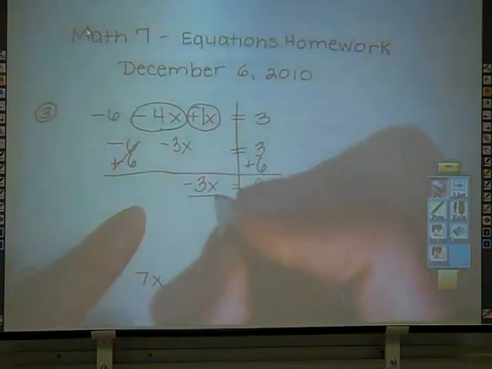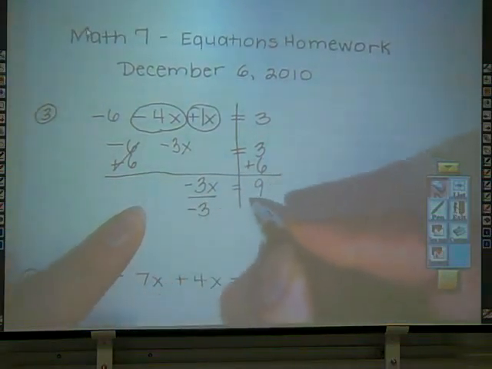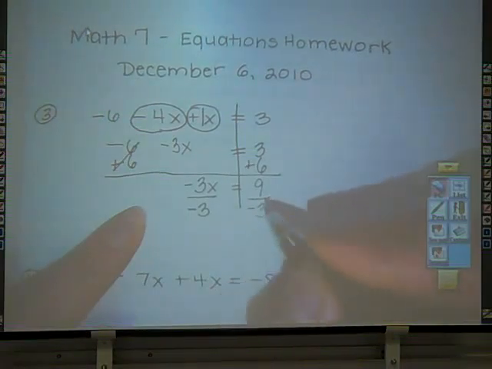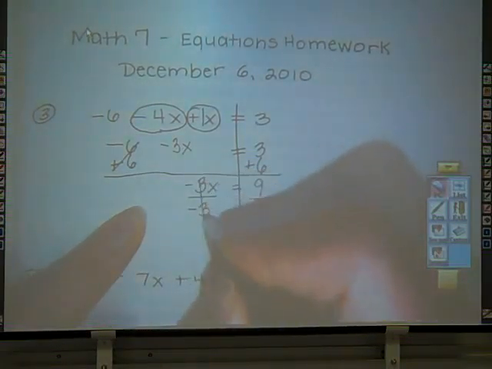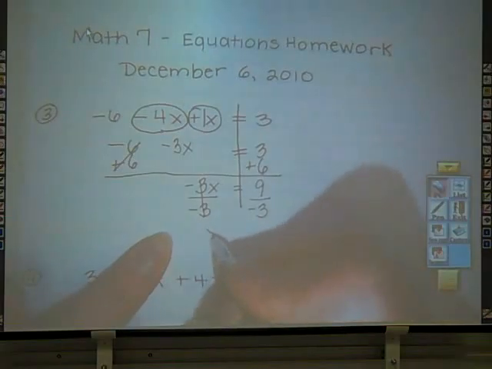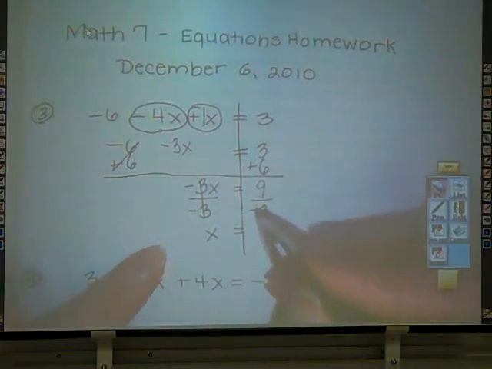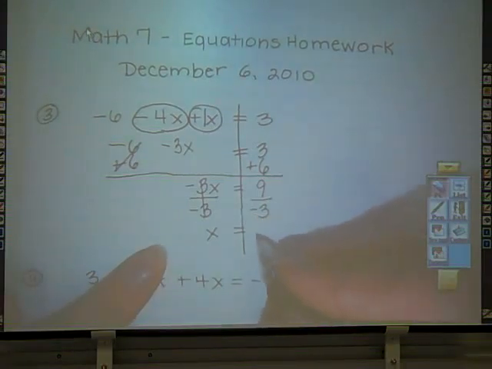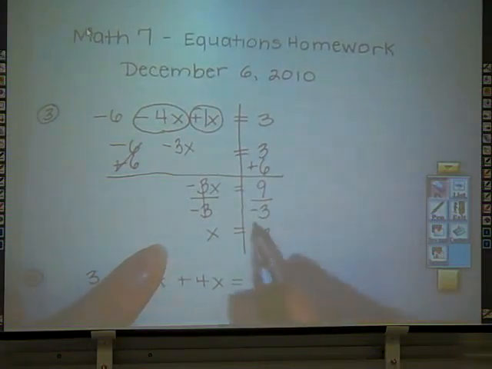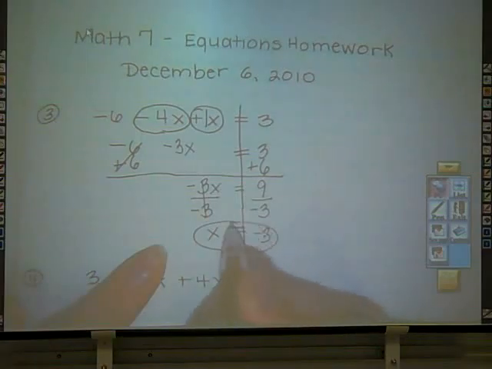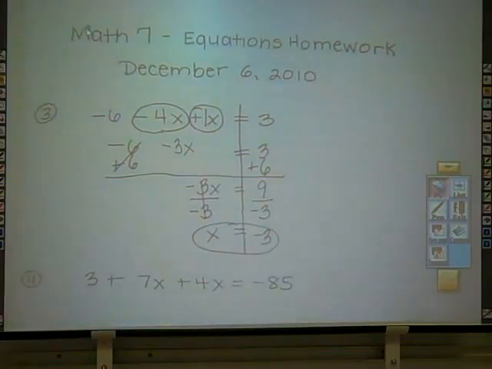Last step, divide both sides by negative 3. The negative 3's cancel out. We're left with x equals, now 9 divided by negative 3, remember, is negative 3. So our answer is x equals negative 3.